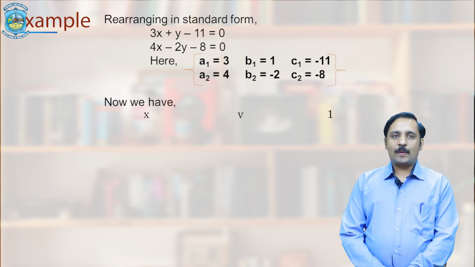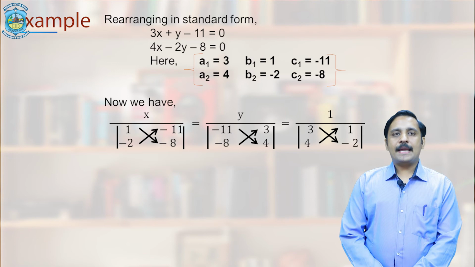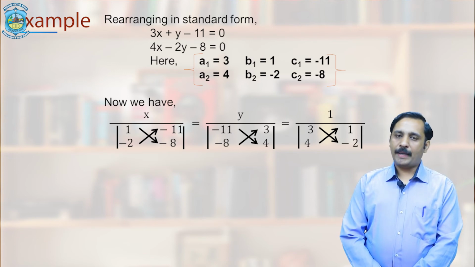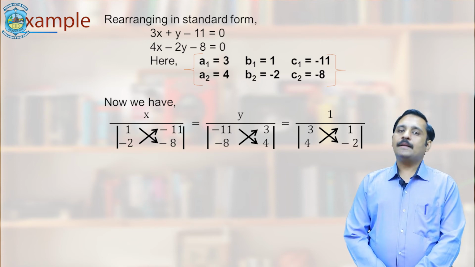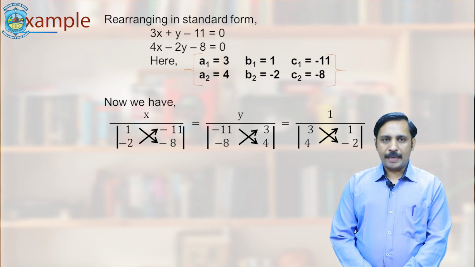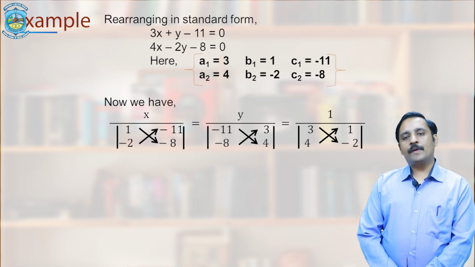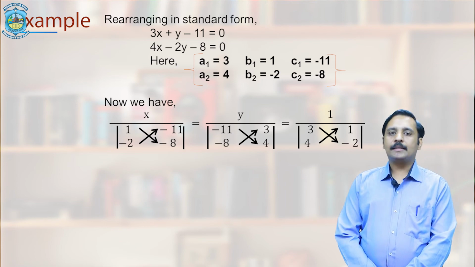Now we write it in x, y and 1 form, that is x upon the coefficients of y and c, that is 1, minus 2, minus 11, minus 8. For y, we need the coefficients of c and x, that is minus 11, minus 8, 3, 4. And for 1, we need the coefficients of x and coefficients of y, that is 3, 4, 1, minus 2.